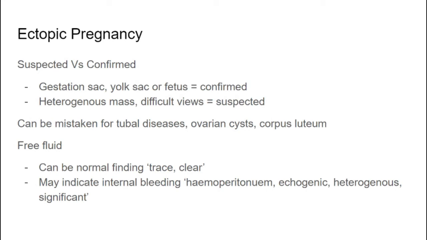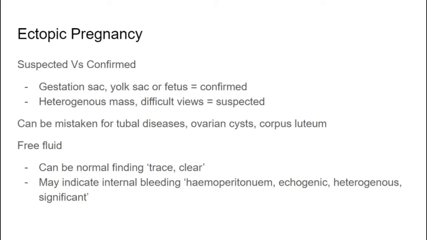Occasionally you'll just see this heterogeneous mass or there's really difficult views, and you might see these reports as suspected ectopic. So the sonographer or the clinician is telling you, I really think this is an ectopic, but I can't tell you 100% based on the scan. It can be mistaken for tubal diseases if there's things like hydrosalpinx or an ovarian cyst or even the corpus luteum. Sometimes very pedunculated fibroids as well can have that appearance of an ectopic pregnancy.